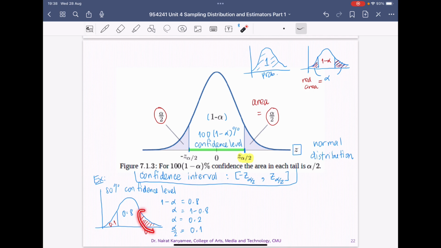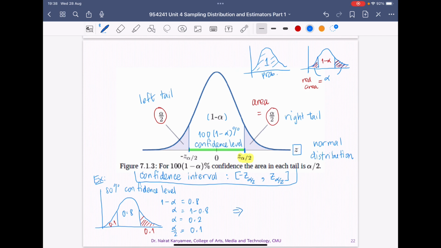This is the left tail. This is the right tail. Left tail, right tail. Can you see the big picture now?